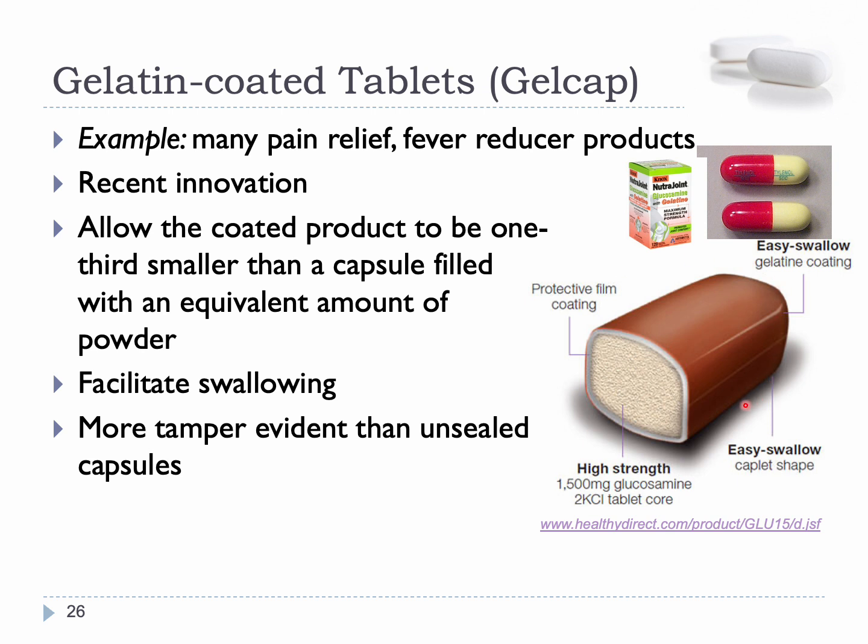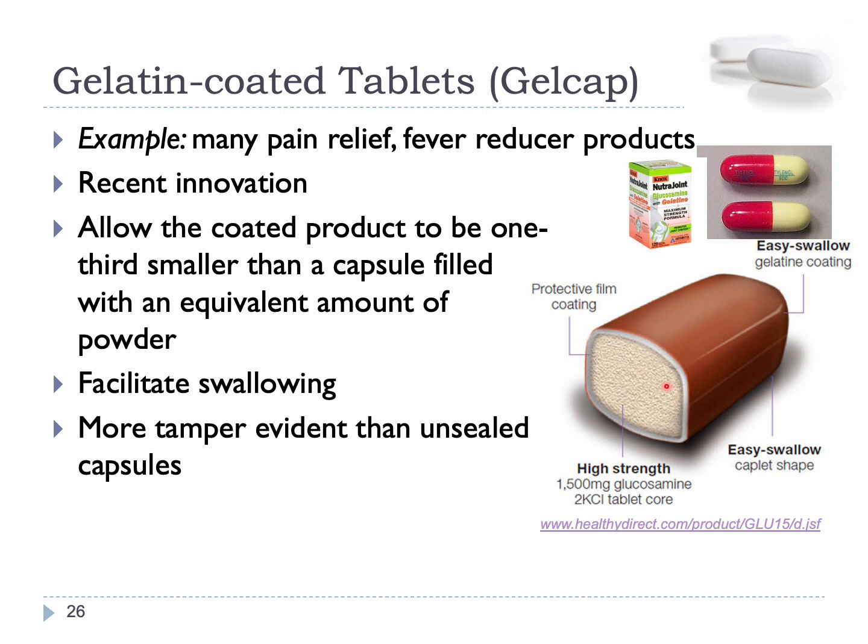Usually the shape of gelatin-coated tablets is prolonged, looking like a capsule. With this kind of coated tablet, there is also not much increase in weight compared with the original one. It facilitates swallowing and has more tamper evidence than an unsealed capsule.